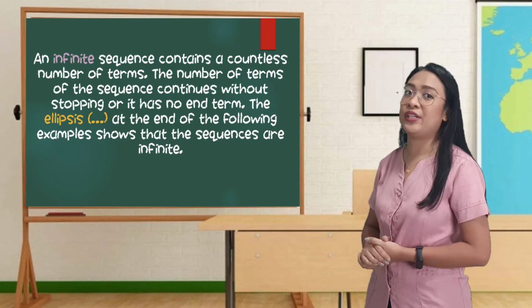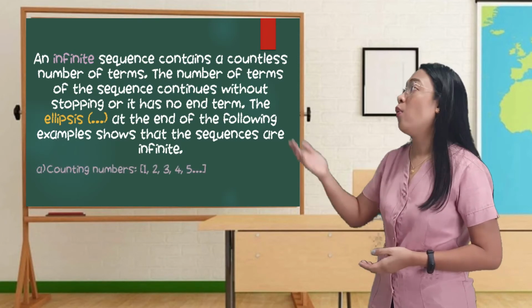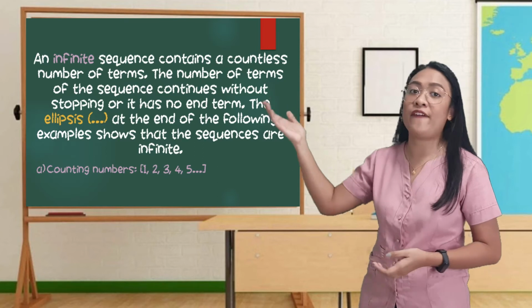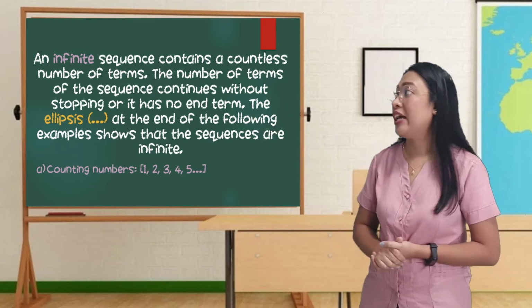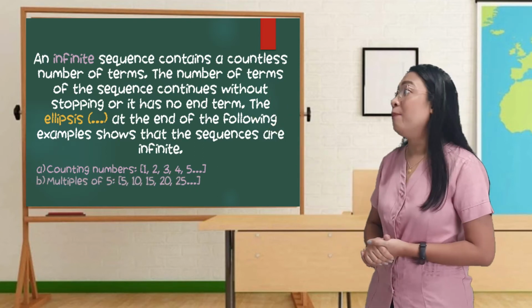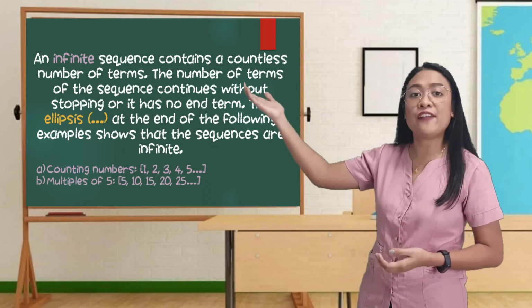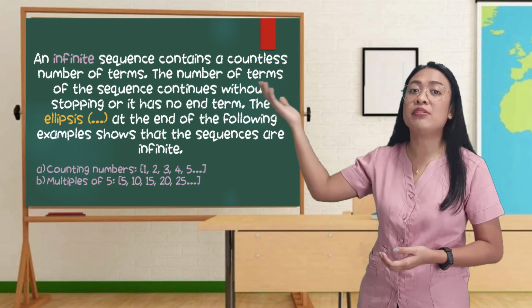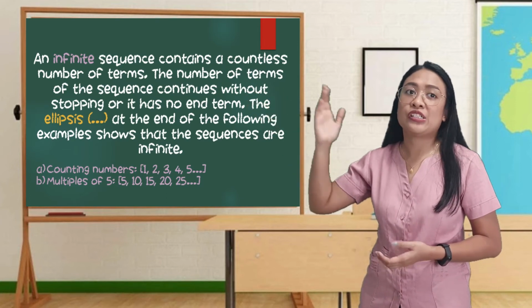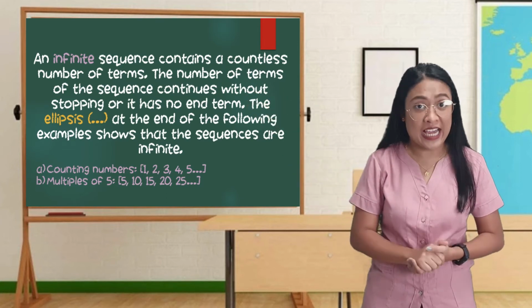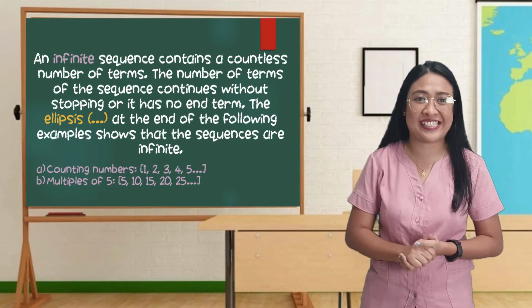For example, number 1, counting numbers: 1, 2, 3, 4, 5, and so on. Number 2, multiples of 5. Examples: 5, 10, 15, 20, 25, and so on. So those are finite and infinite sequences.